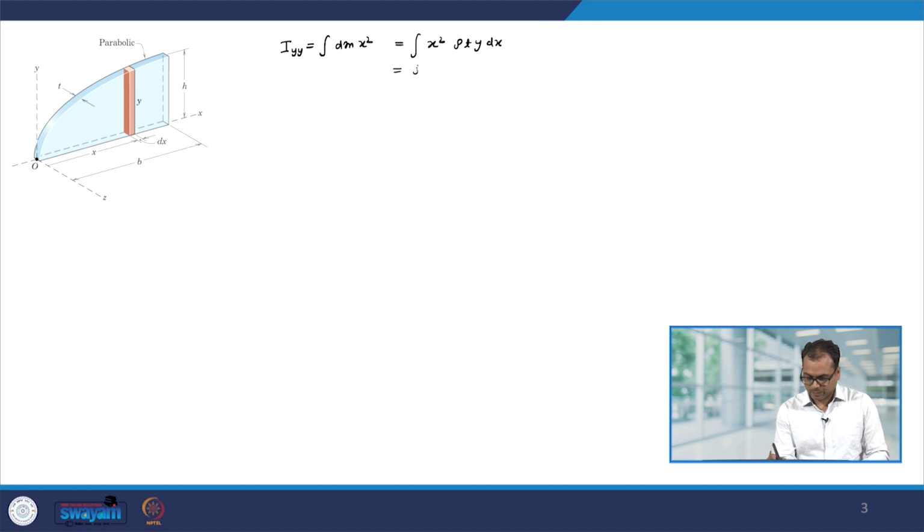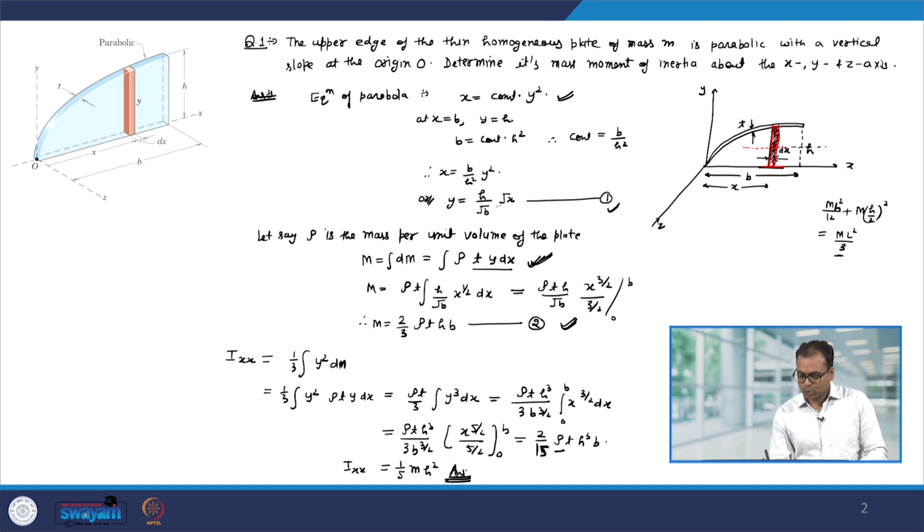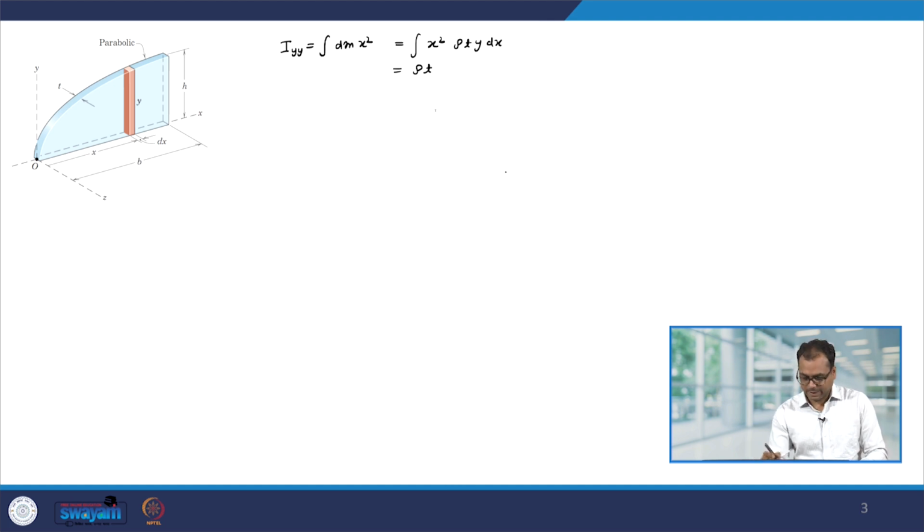So this will be rho t, y is h over square root b times square root x. So h over square root b and x square root x dx.